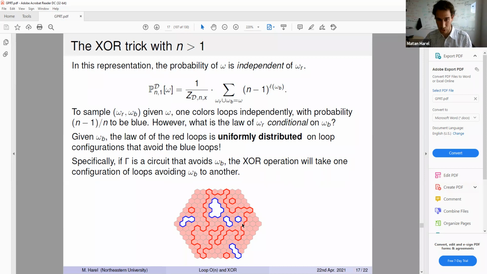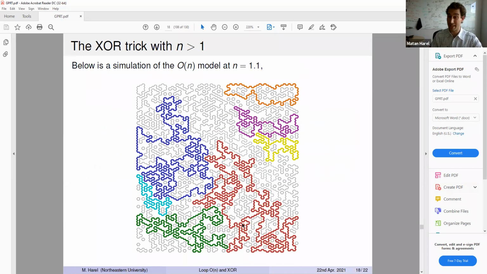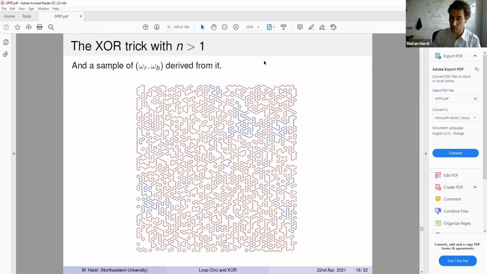I'm going to end on a pictorial explanation of how the proof works. This is an actual sample of the loop O(n) model at n equals 1.1. The colors are just there to make the loops easier to look at. I take these loops and recolor them with two colors, red or blue: red with probability 10 over 11, because n is equal to 1.1, and blue with probability 1 over 11. Here is a particular version. It's a lot of loops, but I don't know if any of them actually surround.